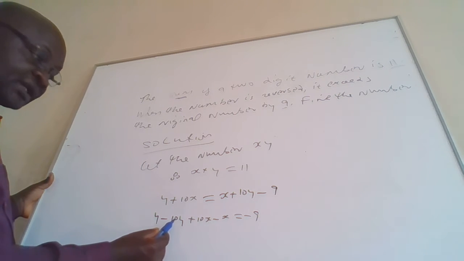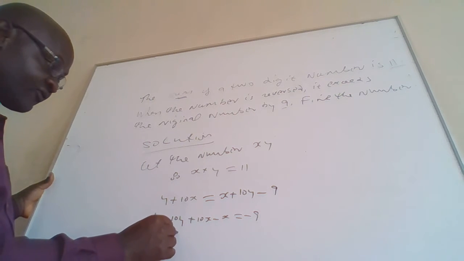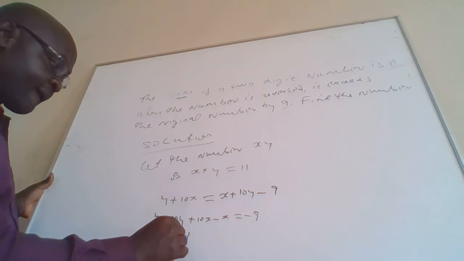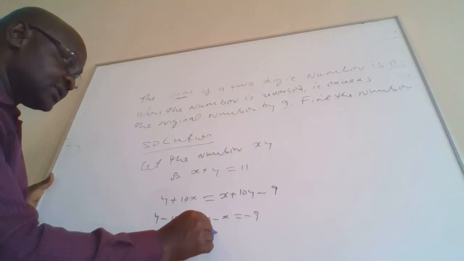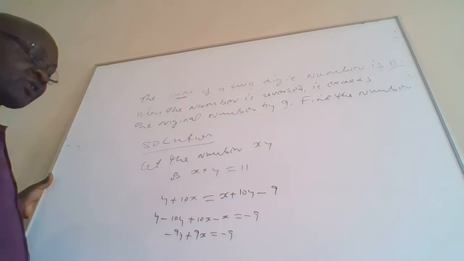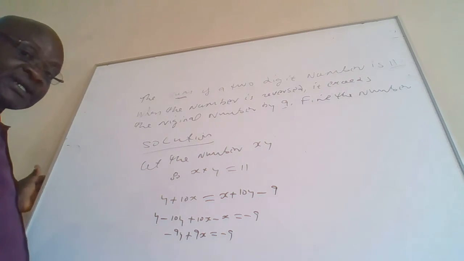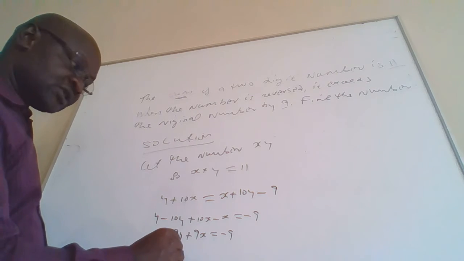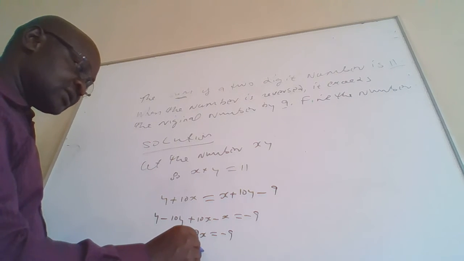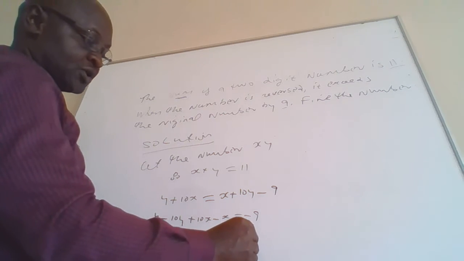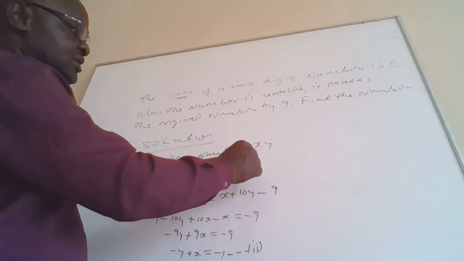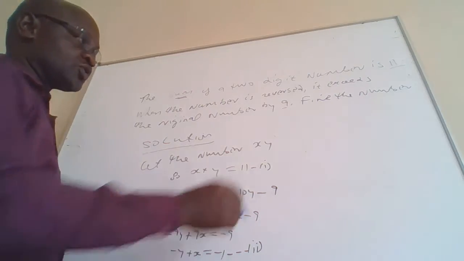So we have y minus 10y will remain with negative 9y, plus 10x minus x will remain with 9x. This equals negative 9. We can divide through by 9 so that we have negative y plus x equals negative 1. Call this one equation 2, and then this one is equation 1.